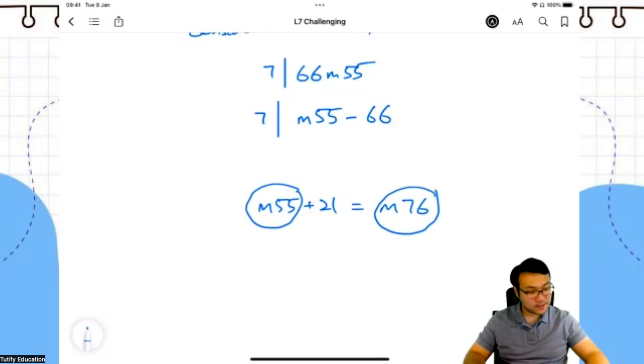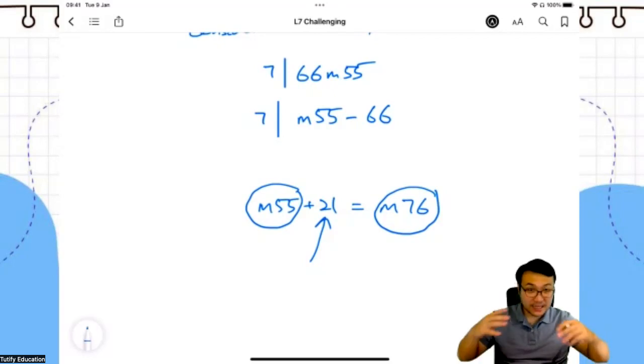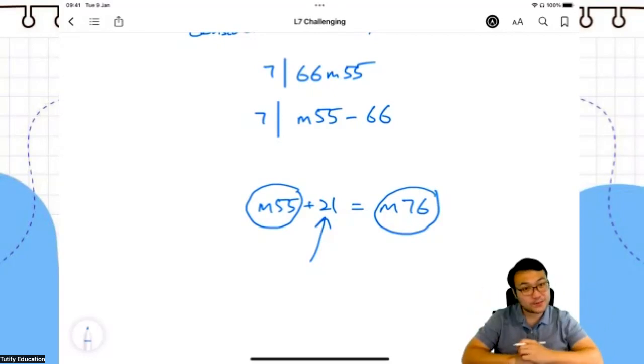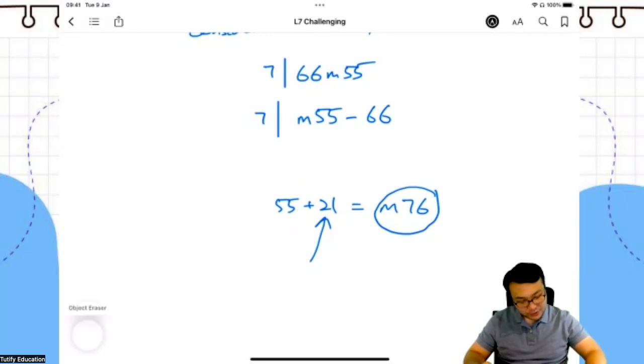Yeah. Why? Because 21 is 7 times 3. Because 21 is divisible by 7, right? So if I add the number 21, then the entire number is still going to be divisible by 7, right, Gwen? Very good.